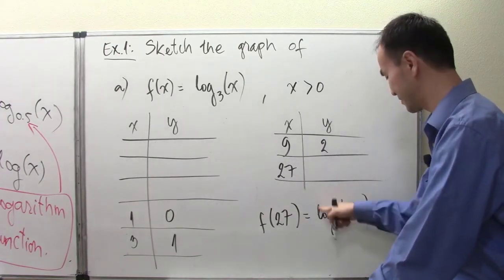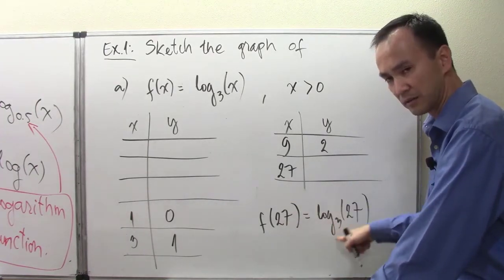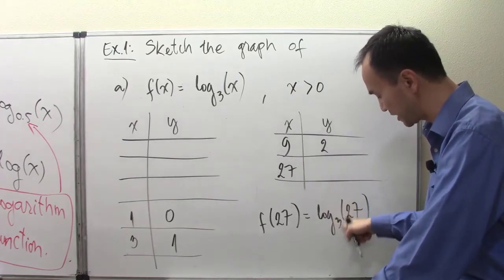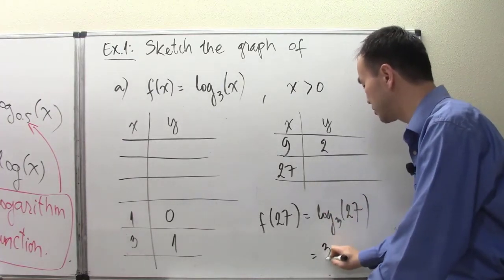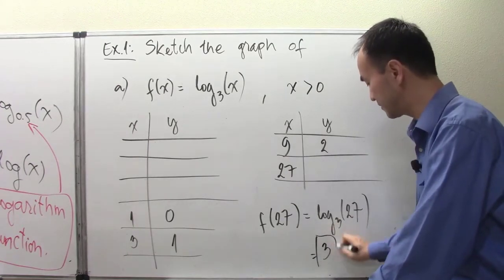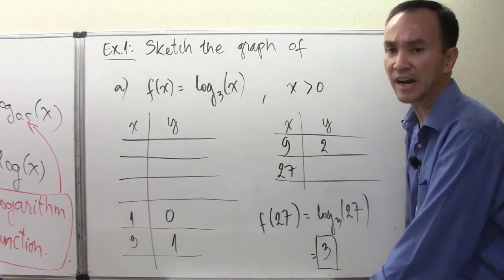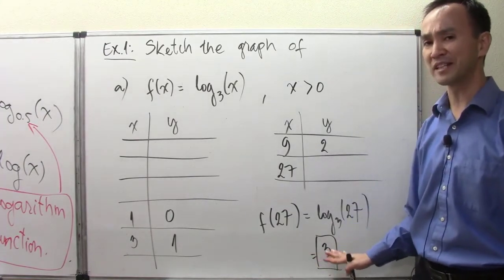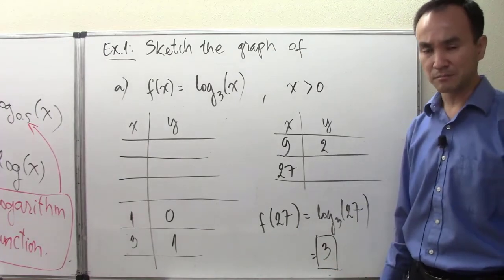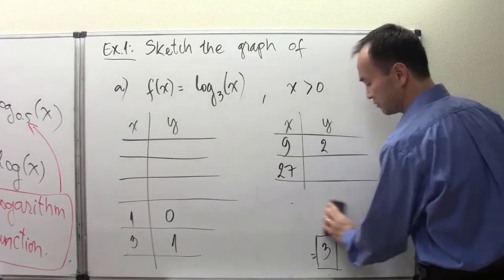The rule of the function says we take log base 3 of this input 27, and we come out with the output being 3 this time. You can use your calculator to double check, but I highly recommend that my students still maintain their mental math capability. It's a gift that you can do mental math.